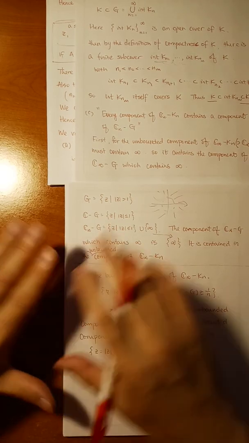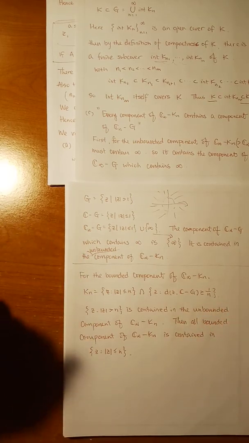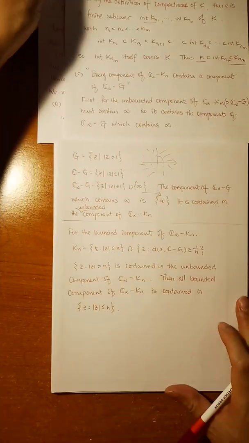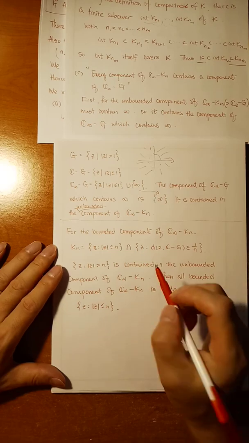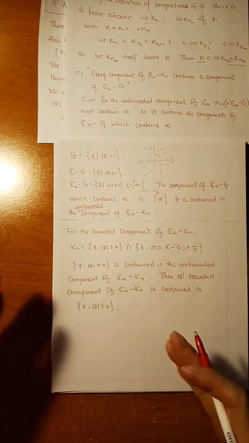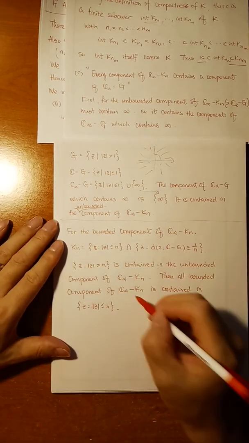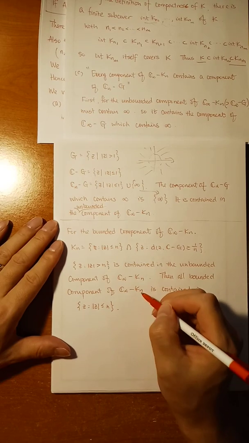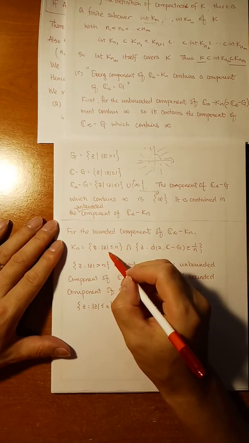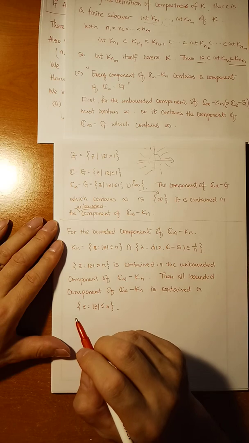Right? Because outside it is definitely contained in the unbounded component. Then we're talking about the bounded one, so it has to be inside the open disk. It is inside the open disk, but it does not belong to K. It means it satisfies the first condition, but does not satisfy the second one.